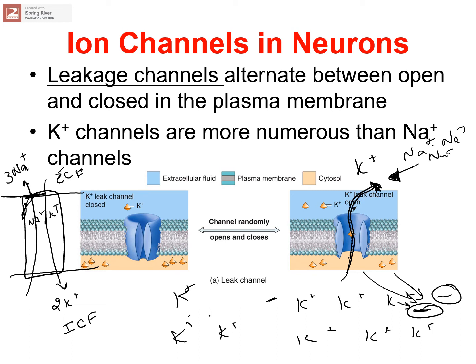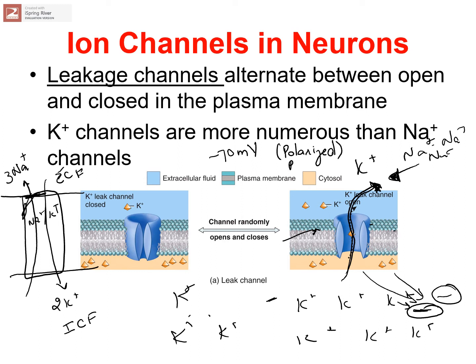Okay, so at this point the cell is considered to be at rest, and the charge at this point, due to the difference in the charges across the plasma membrane, is called the resting membrane potential. So for neurons, the resting membrane potential is at minus 70 millivolts. And at resting membrane potential, the cell is called a polarized cell.